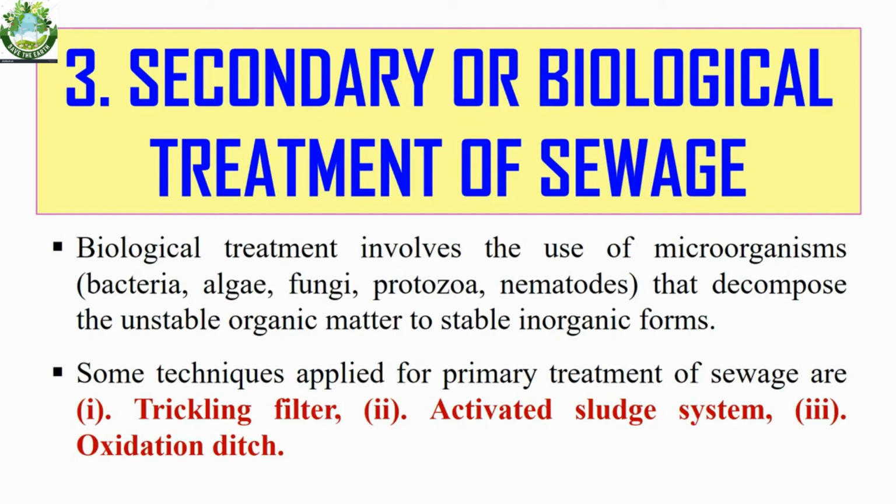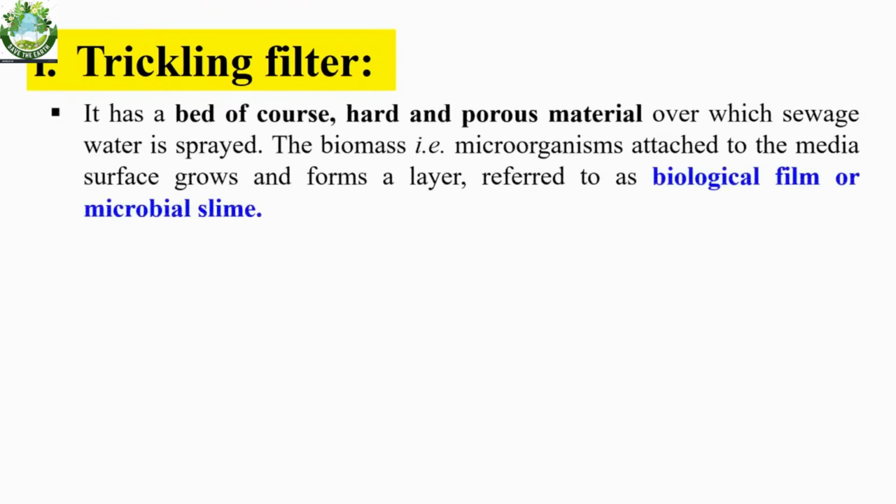So let's discuss them also. First is the trickling filter. As the name indicates, here the sewage wastewater is trickled over a bed, a microbial bed on which microorganisms have been attached. When the water trickles over the biological film of the microorganisms, they start utilizing the waste present within that water, and ultimately you get pure water because the waste has been degraded.